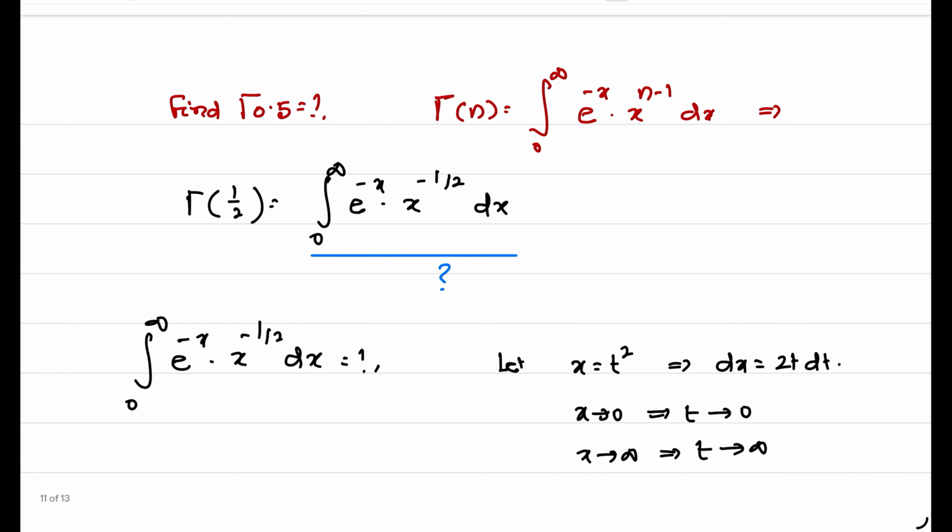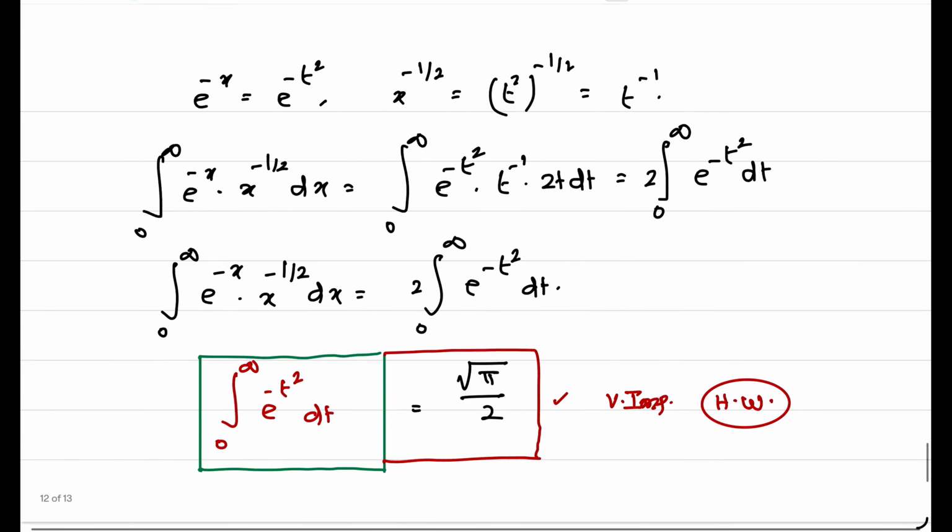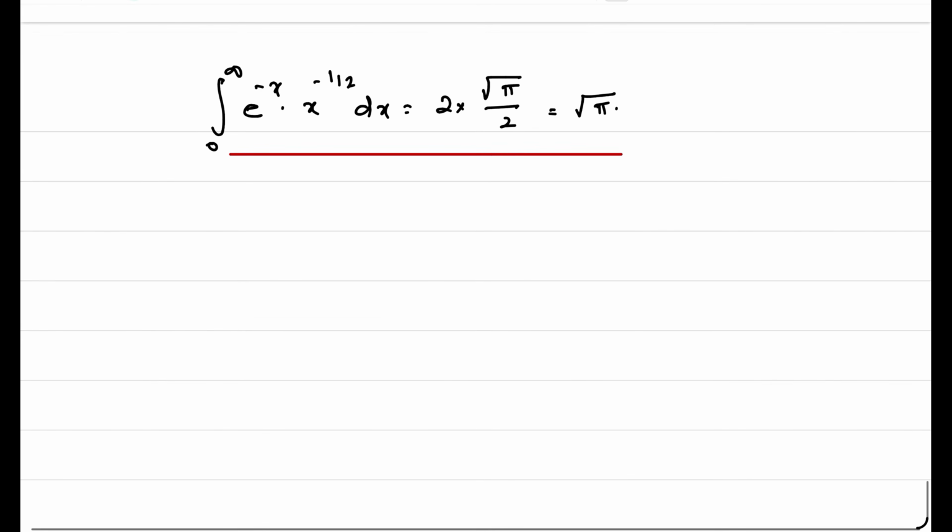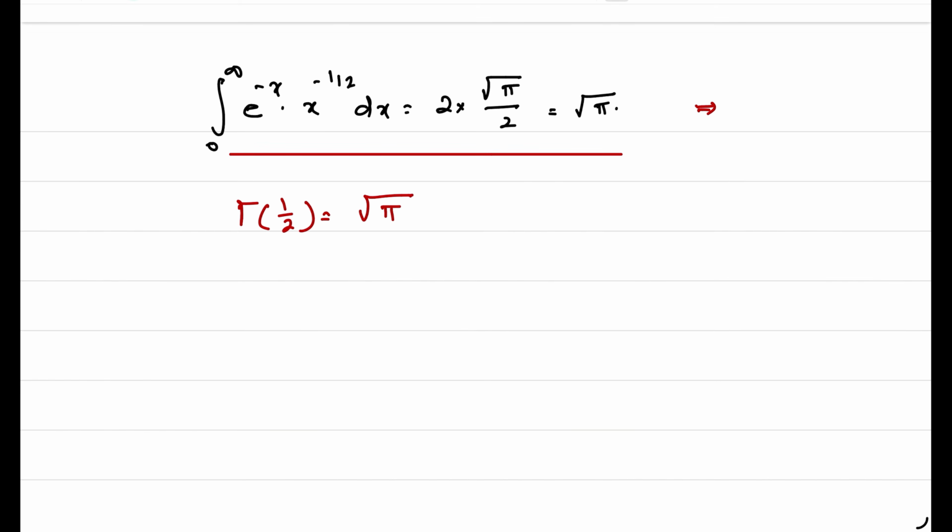Now, gamma half is equal to, from above, square root of pi. Please remember this value. Very important value. It will be very handy for you in many definite integral calculations and also in using the gamma functions in this type of problems.